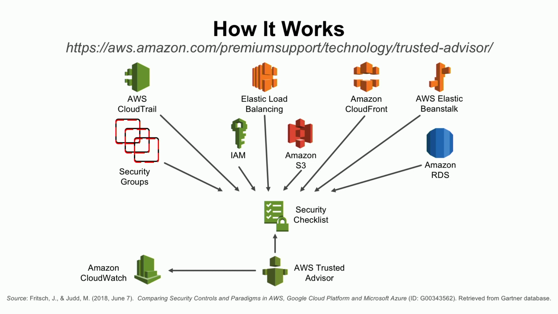And then it makes recommendations to help you save money, of course, improve your system performance and reliability, or close security gaps. And if you were to integrate the AWS Trusted Advisor to some sort of on-prem solution or analytics engine, you could bring those in via CloudWatch events or CloudWatch services.